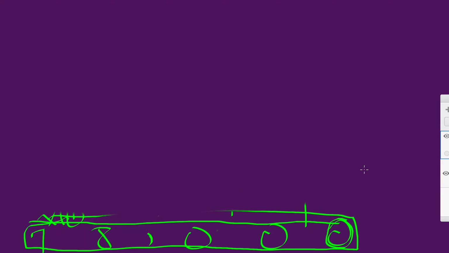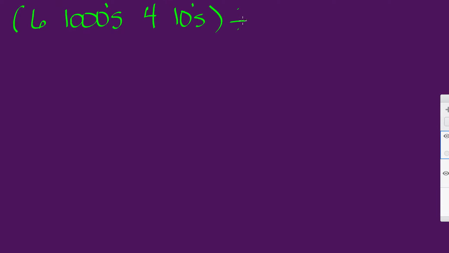So this time we will be unbundling numbers instead of bundling them together. First one is 6 1,000s and 4 10s divided by 10. So this time you're using division, so your answer is going to get smaller.